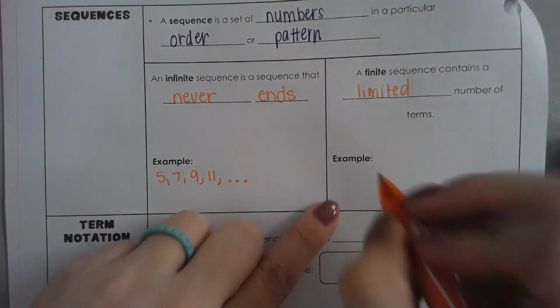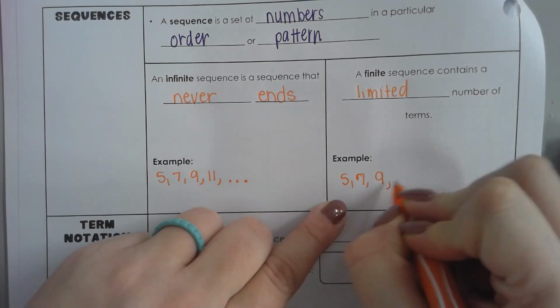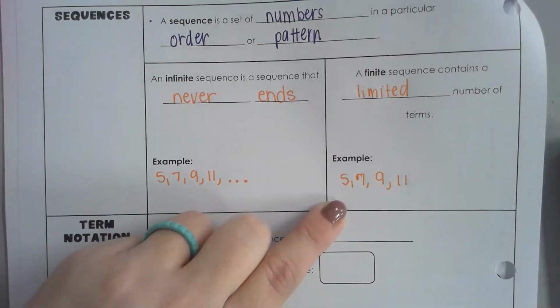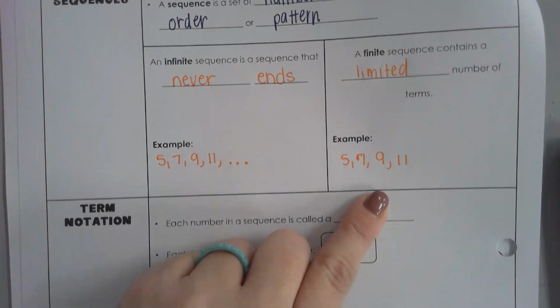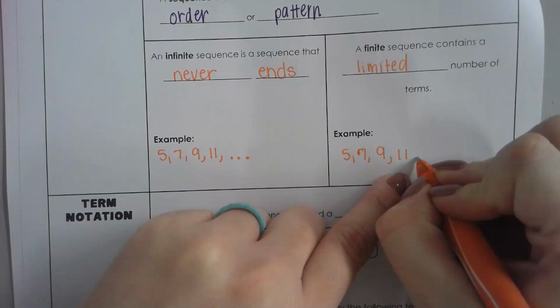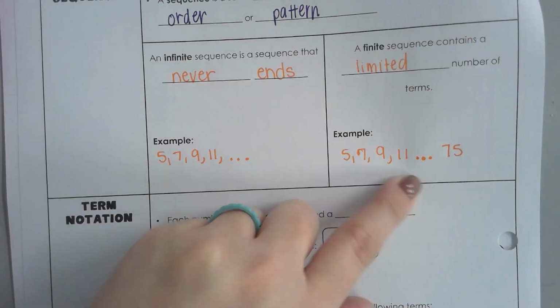So this same pattern, 5, 7, 9, 11, I could stop there, but I might try to trick you, and I might put dot, dot, dot, 75.